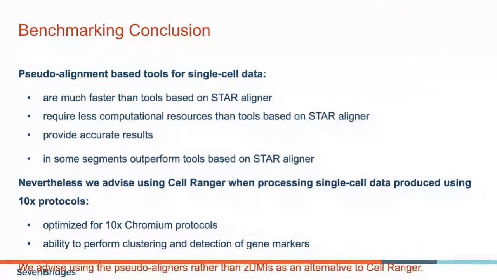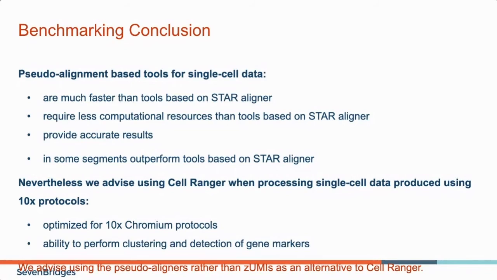So our benchmarking results indicate that pseudo-alignment-based tools are much faster and require far less computational power than tools based on STAR aligner when processing 10x single-cell datasets. Pseudo-alignment-based tools give accurate results and in some segments outperform STAR-based tools, which we have witnessed on multiple steps when making comparisons.